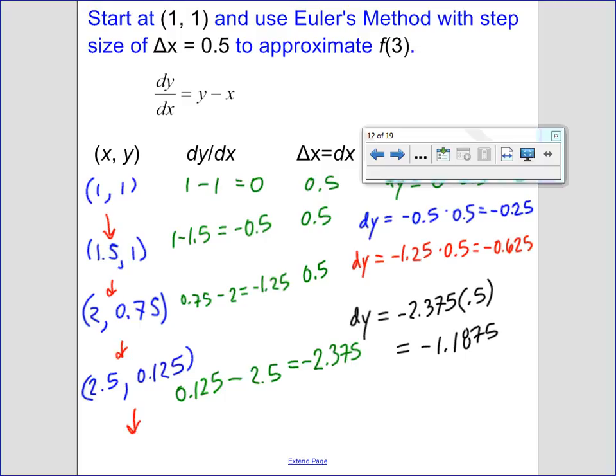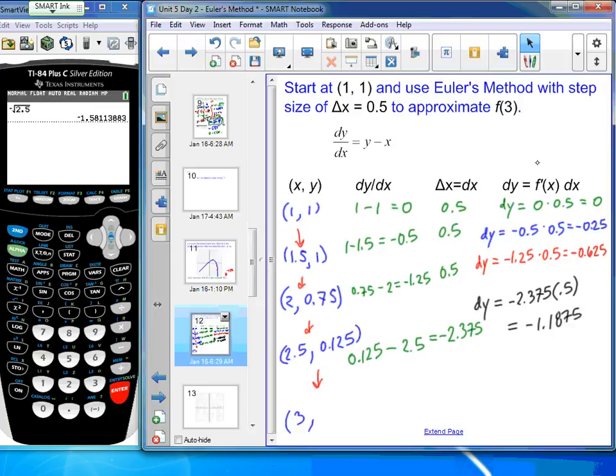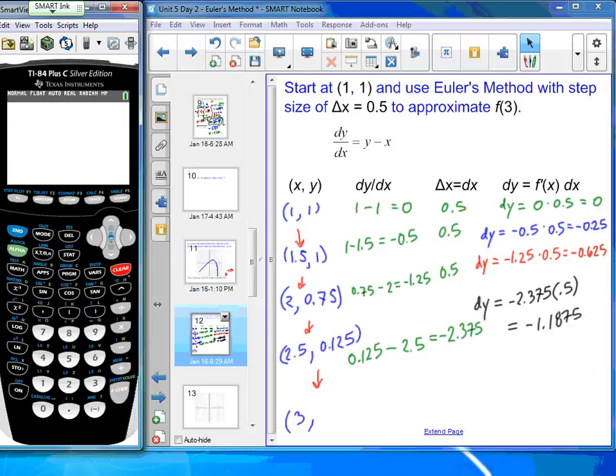So we're guessing (3, ...). I must have made a bad drawing. All right, 0.125 minus 1.1875. What do we do? Negative 1.0625.